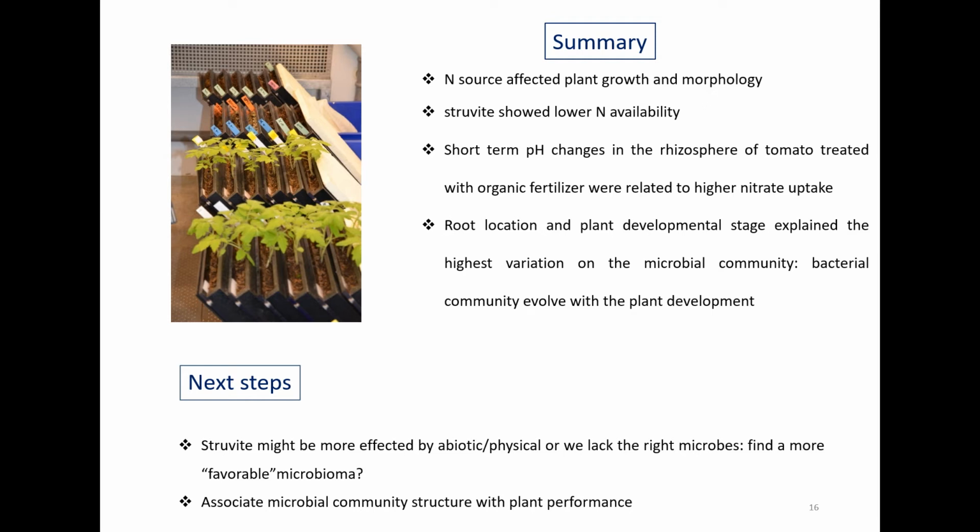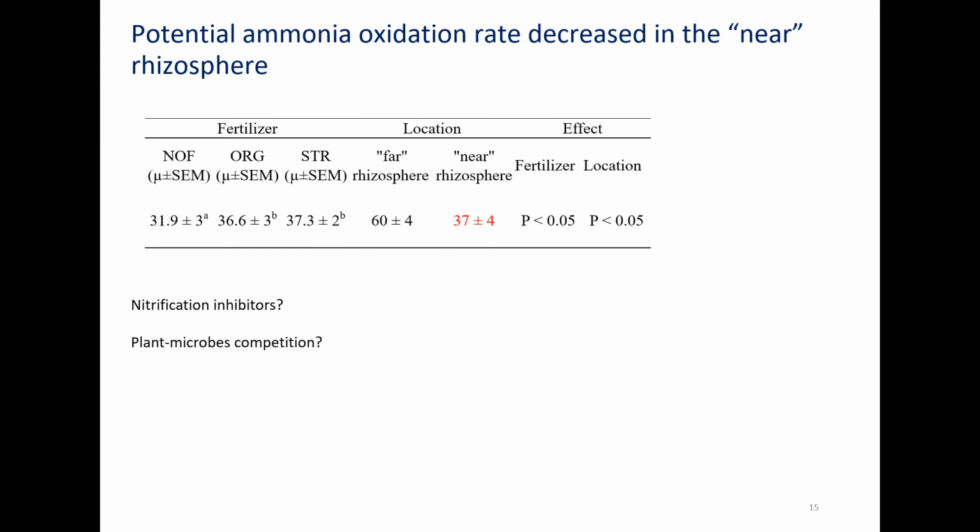And when we move to the near or close rhizosphere, again, the relative abundance has a significant effect of the fertilizer applied, but the significance becomes smaller over time, because we have the significance much smaller at time point 3.